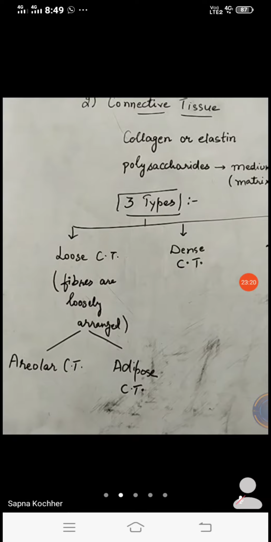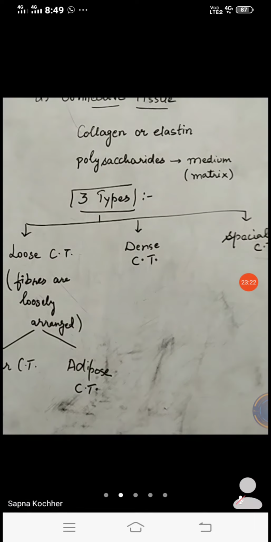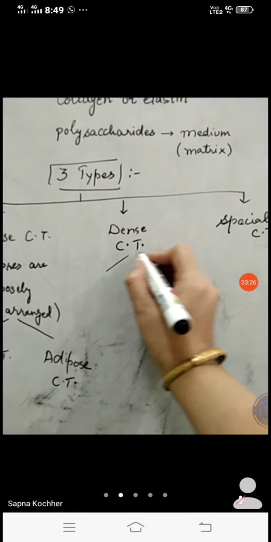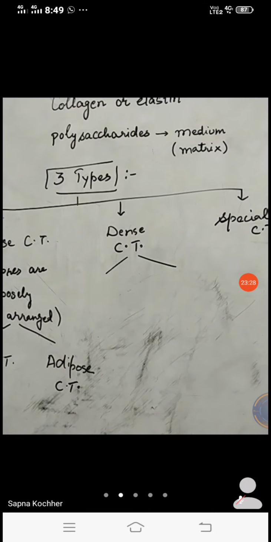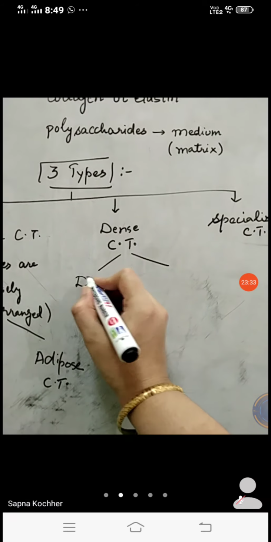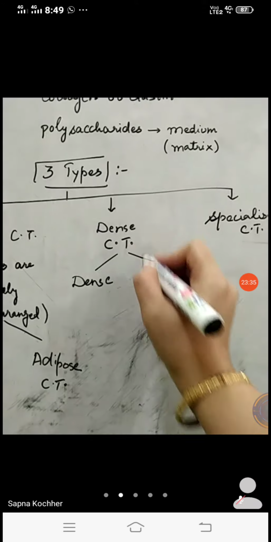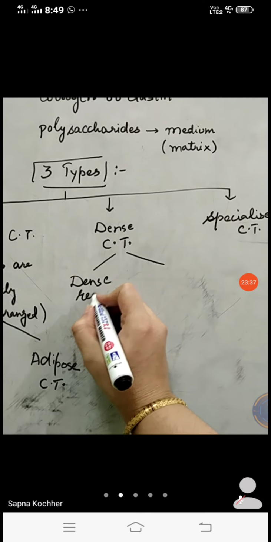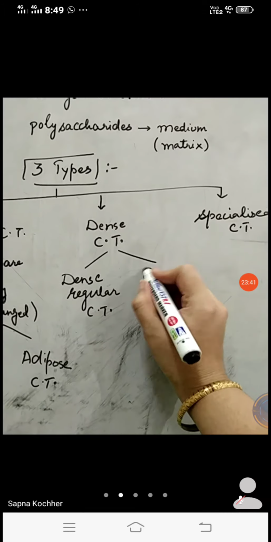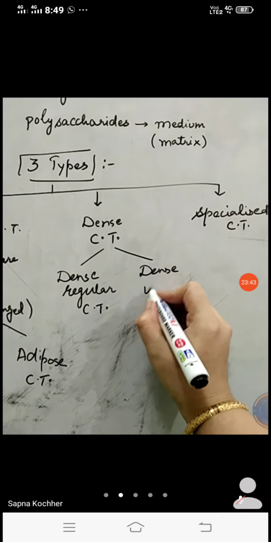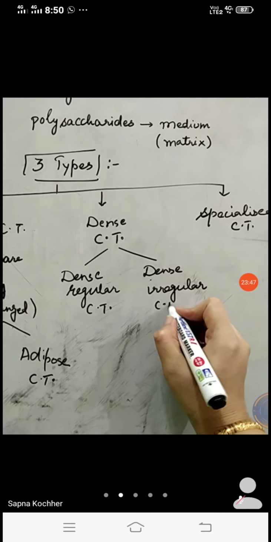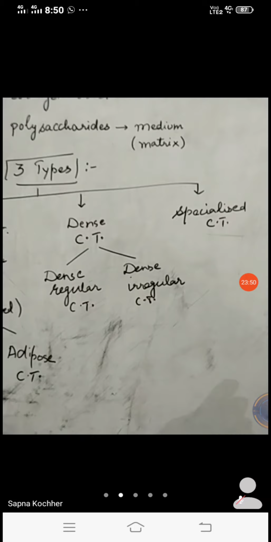Coming to the second, for the dense connective tissue, there are further two types. They are compactly arranged, but are they arranged in proper patterns or in irregular patterns? So we say them as dense regular or dense irregular connective tissues.